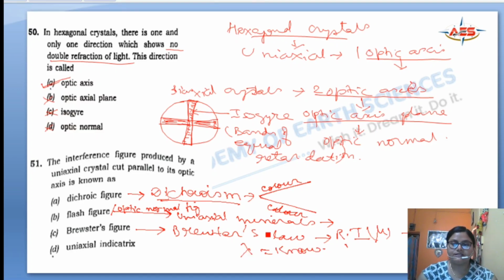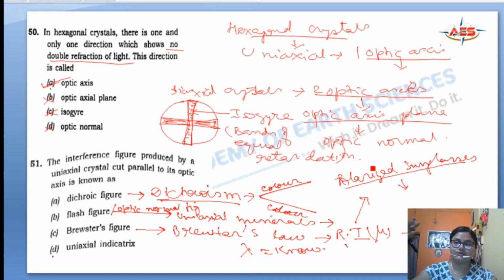This law is generally used in polarized sunglasses, against the glare that comes from the sun. The light from the sun falls on our eyes and we cannot look directly at the sun. For that we use polarized sunglasses which can protect us from the glares of the sun. And these polarized sunglasses use Brewster's law for that purpose.